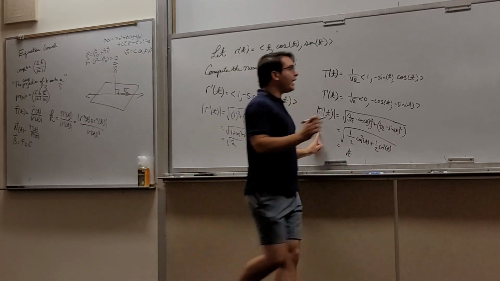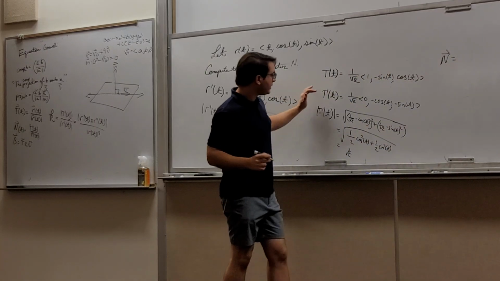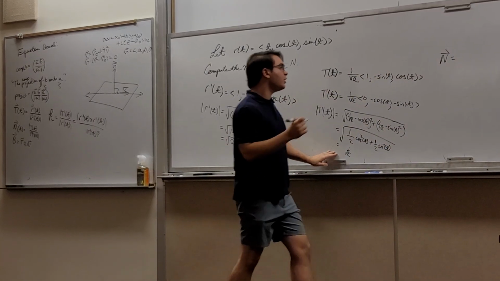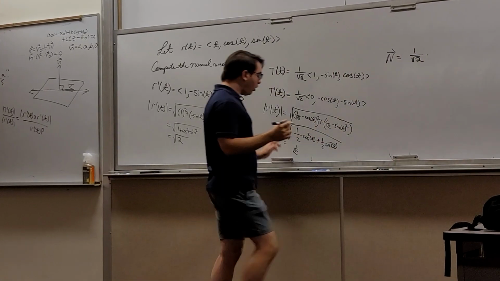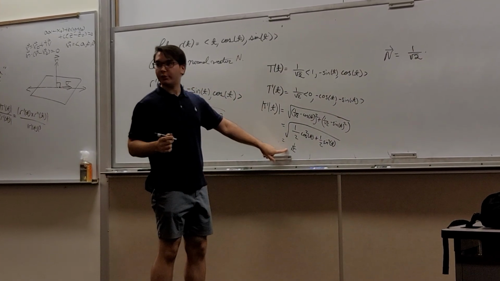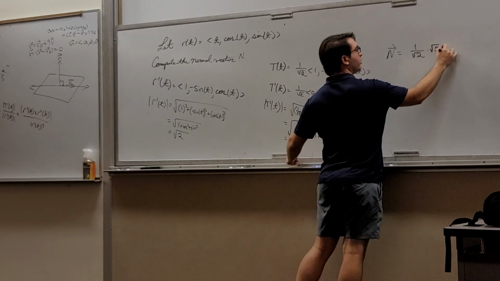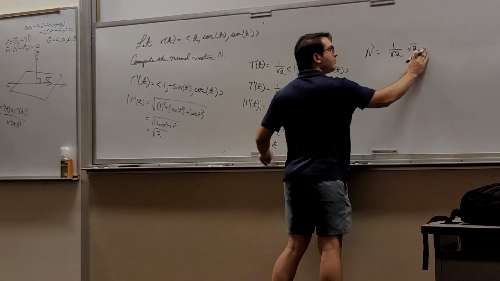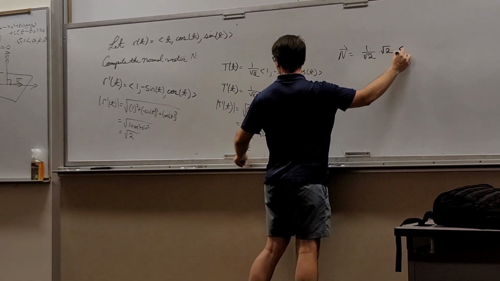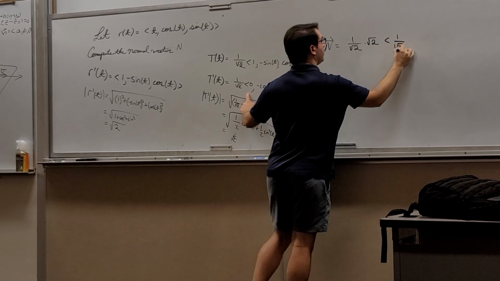Now, N then is T prime over its magnitude. So what does that mean? It's 1 over the square root of 2 times 1 over that. So it's dividing by it, right? So 1 over that is just multiplying by the square root of 2. But then also times my T prime, which is this.